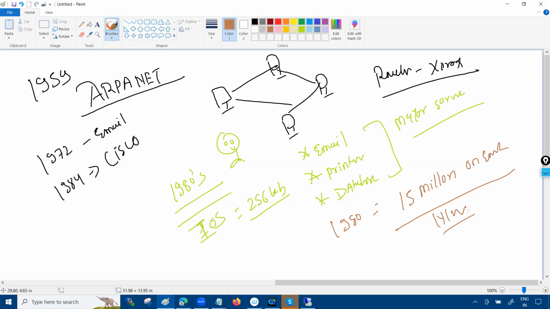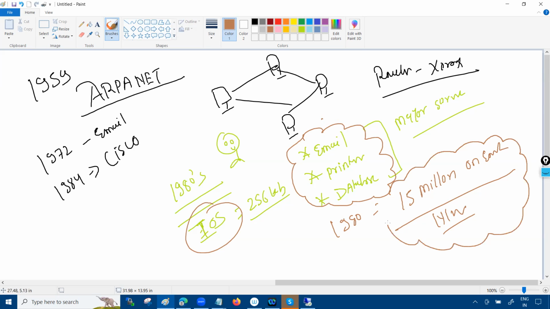The 15 million is equal to almost 1% of the Indian population right now. But still, iOS was able to handle, can you see that? It was able to handle all the services, even as the users were gradually increasing.